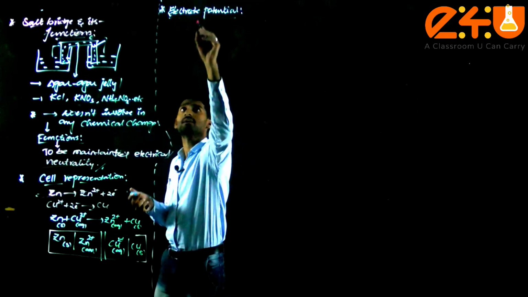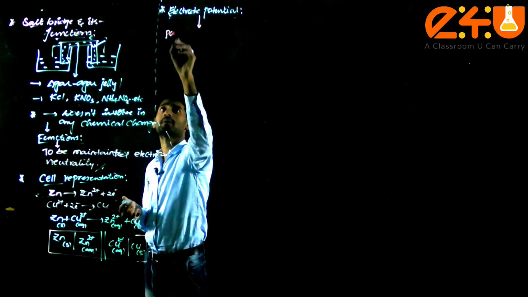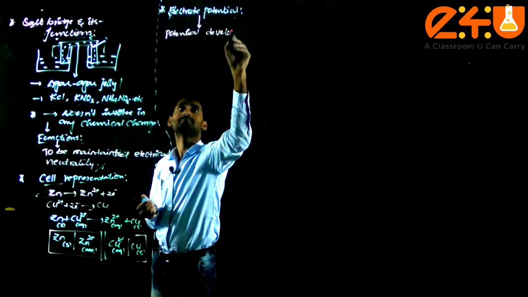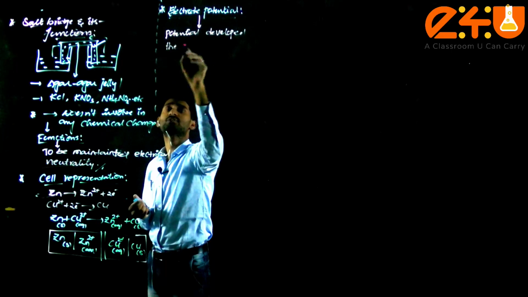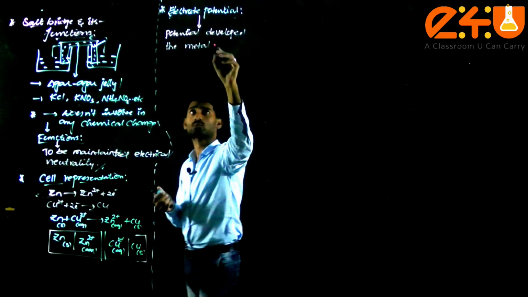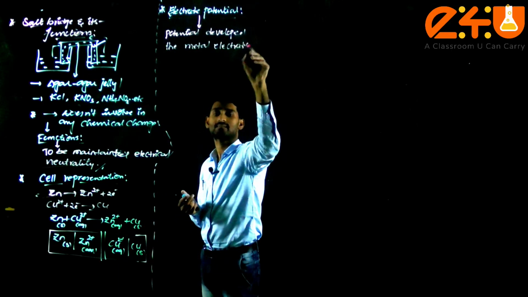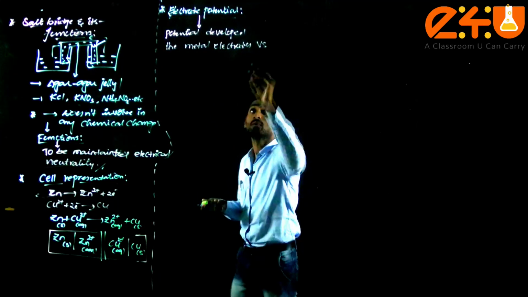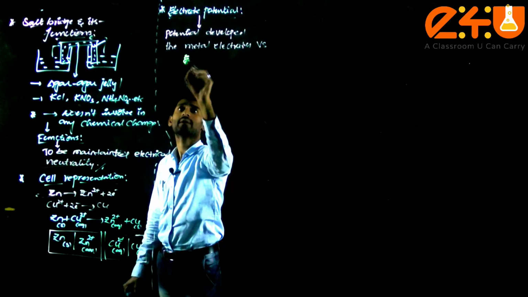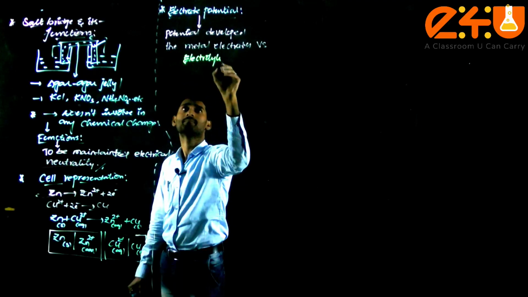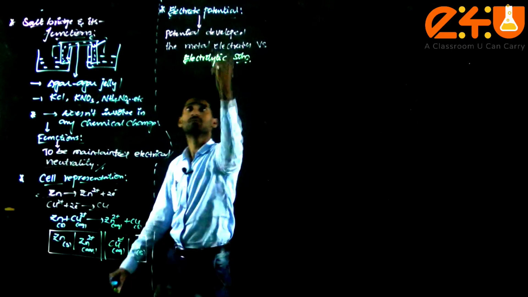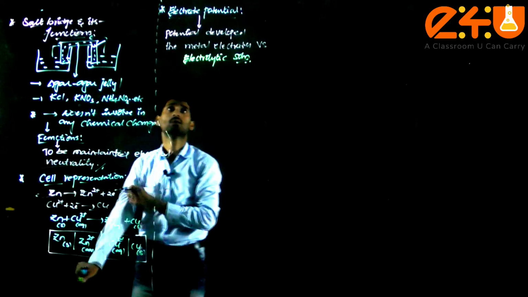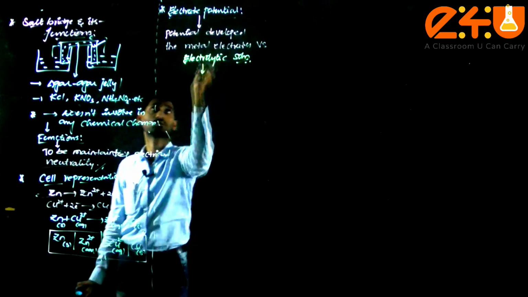The electrode potential is the potential which is developed between the metal electrode and the electrolytic solution. This is what we have to study. This is electrode potential.